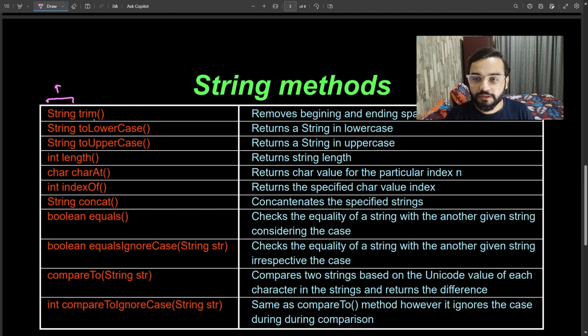So trim has return type string. Whenever we apply trim on any string like A, B and C, it will remove any white spaces present at the start and at the end of the string.